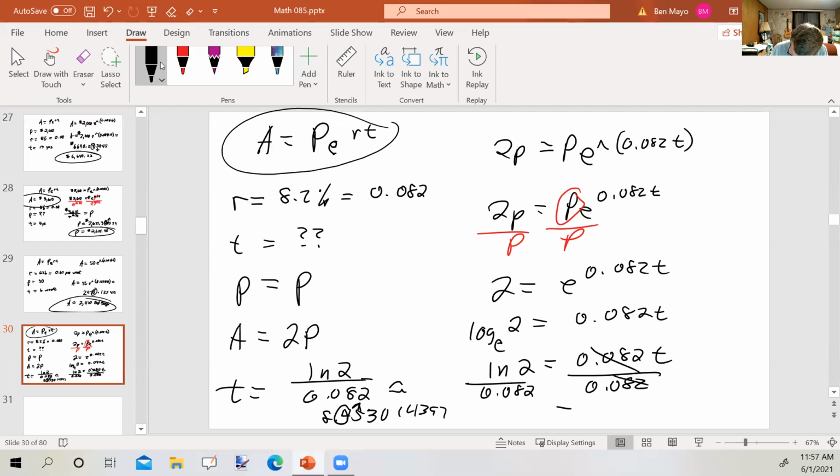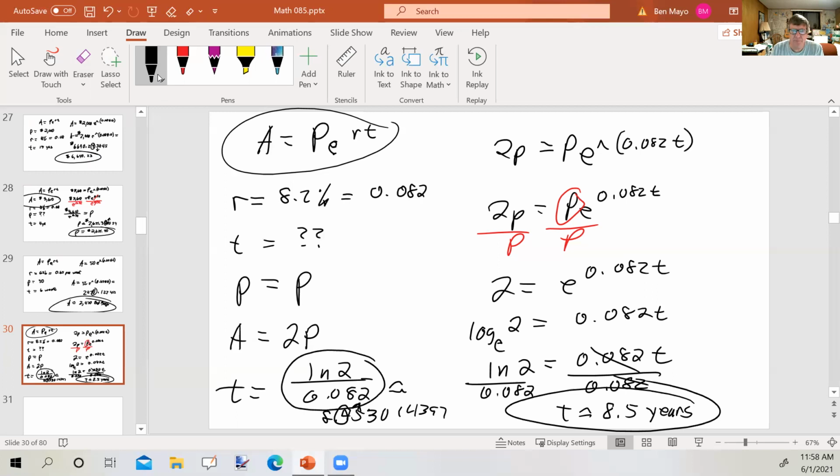So the time is approximately 8.5 years. All right. Now, take a look at the final thing we put into the calculator, which is right there. Okay.